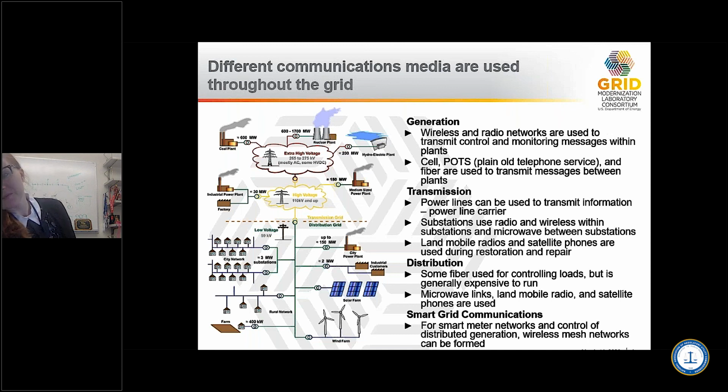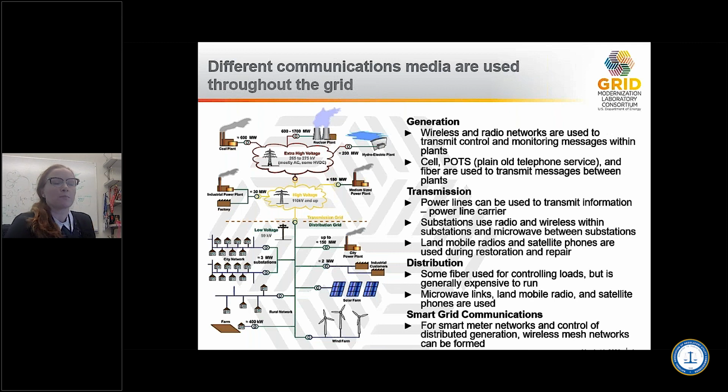There's animations. Okay, so there are different communications that we can use throughout the grid. Like I said, it's different depending on whether we're up at the large generation systems and what's used there for transmitting control and monitoring messages within plants.